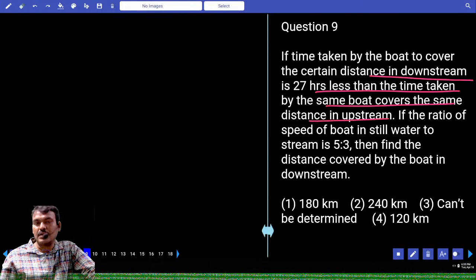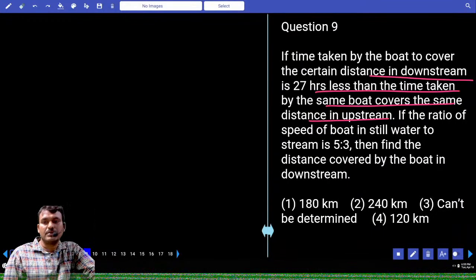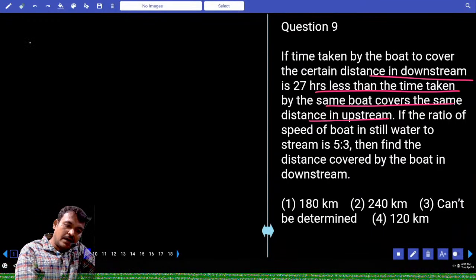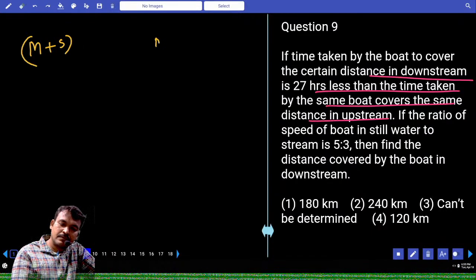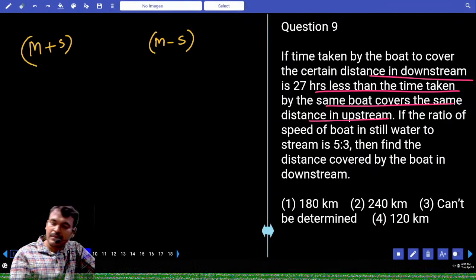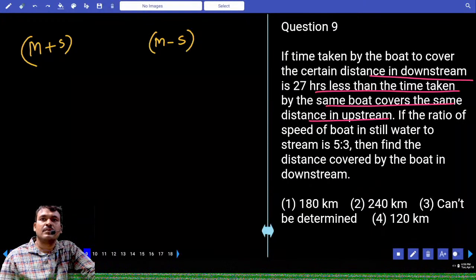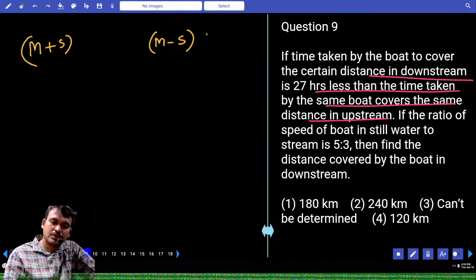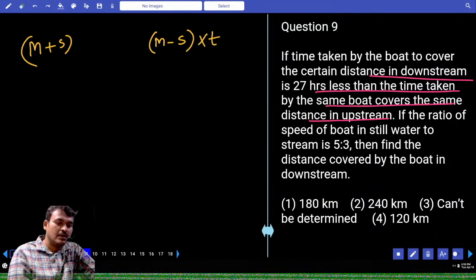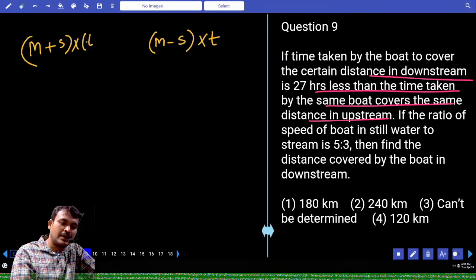Both cover equal distance. Downstream speed is M plus S, upstream speed is M minus S. Suppose upstream time is T hours, then downstream time is T minus 27 hours.